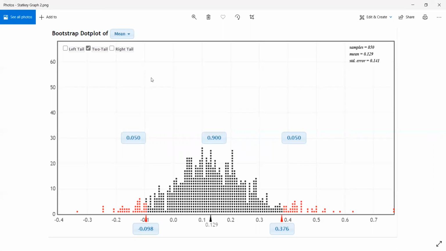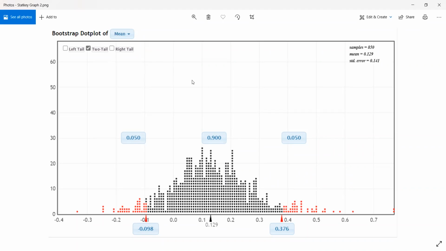My question to you is, with what you're looking at here, is the alternative hypothesis going to be greater than, less than, or not equal to? It's for a mean, so it's going to be mu, right?